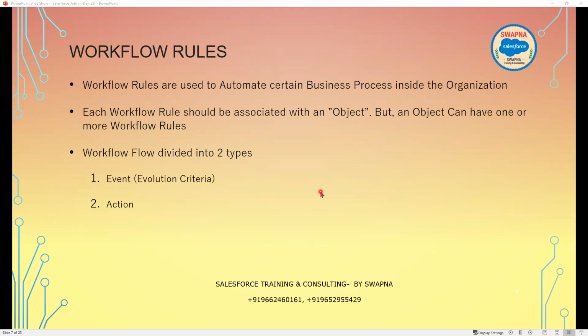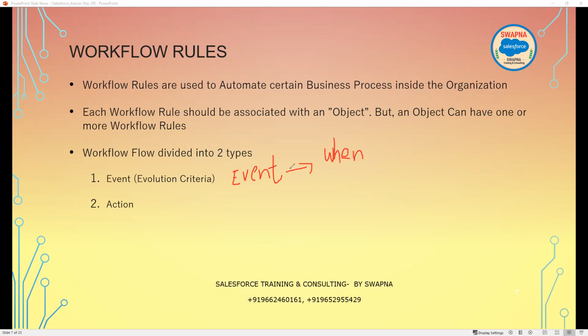Event means there should be some scenario, some event should be there. It is similar to a function or an event. There should be some scenario when the workflow should fire.